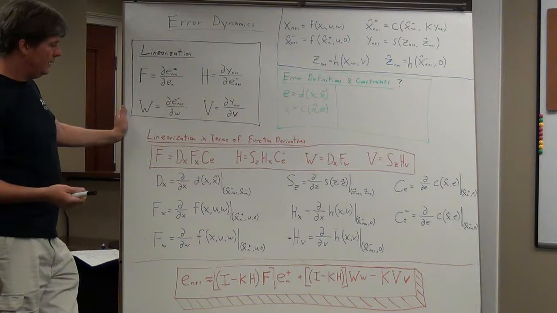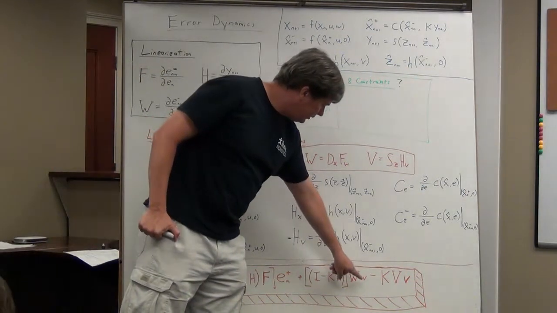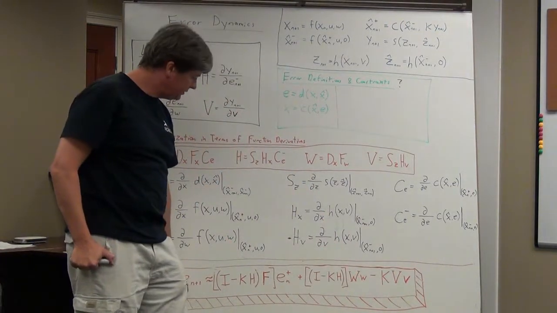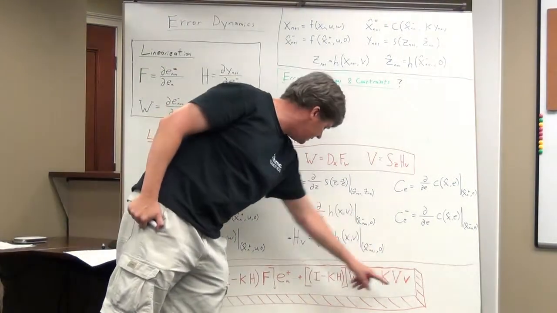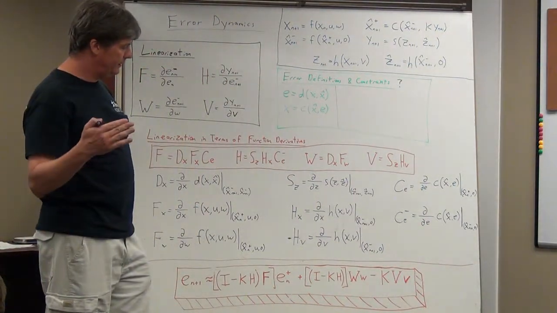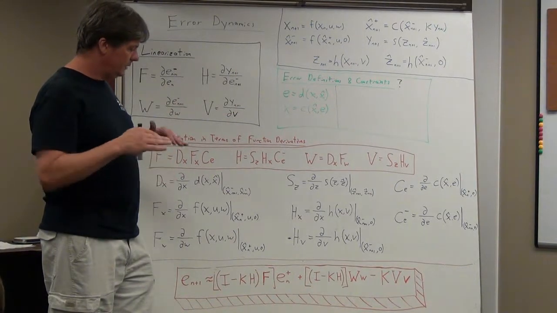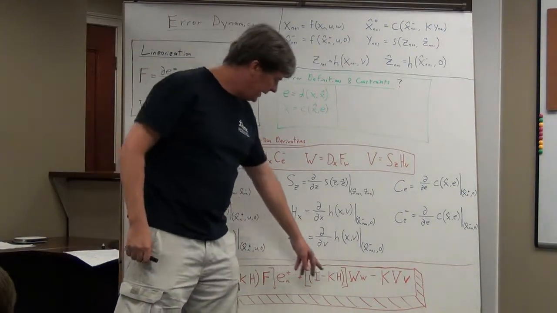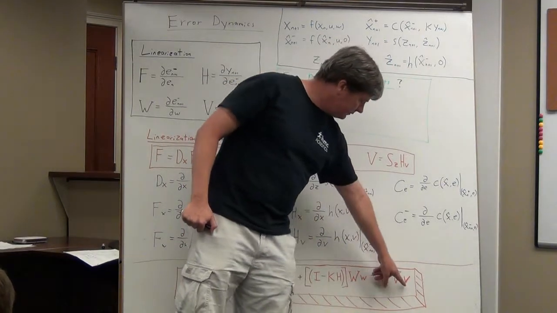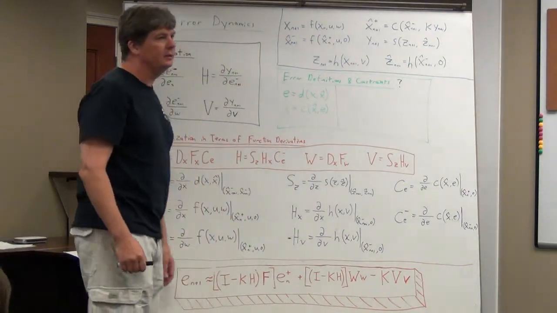You want the transfer function from W to E to be a low-pass filter, and from V to E is going to be a low-pass filter. You pretty much want it to be 0, but you can't have your cake and eat it too, because you have to either trust your sensors or your dynamics, one of the two.